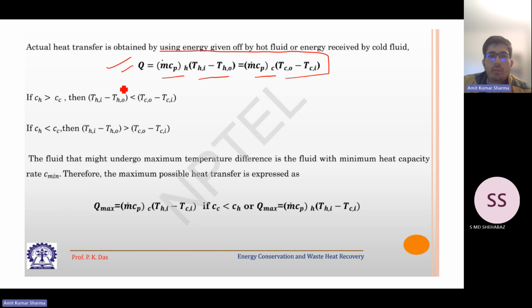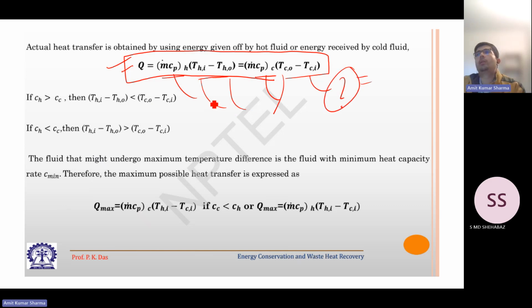It is a very important equation. Sometimes you will be given the Cp and three temperatures and you have to calculate the fourth one. Or you may be given all four temperatures and have to calculate the heat capacity. So you can apply this formula.